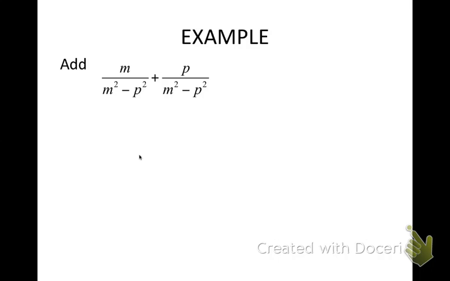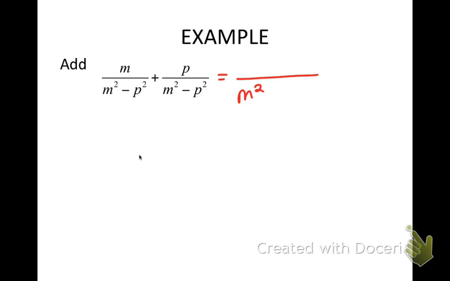Next one, getting a little bit more funky. So I have m over m squared minus p squared plus p over m squared minus p squared. Do we have a common denominator? Why, yes, we do.